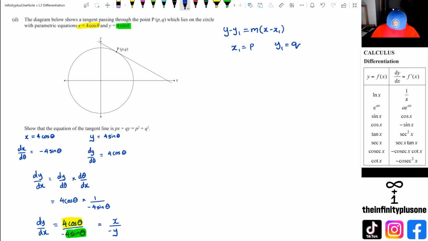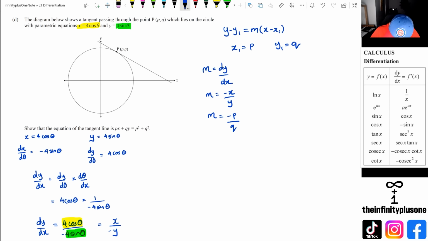So this is our gradient function right now, x over minus y. Remember, m is equal to dy over dx. Then because m is equal to negative x over y, our gradient is equal to minus p over q.